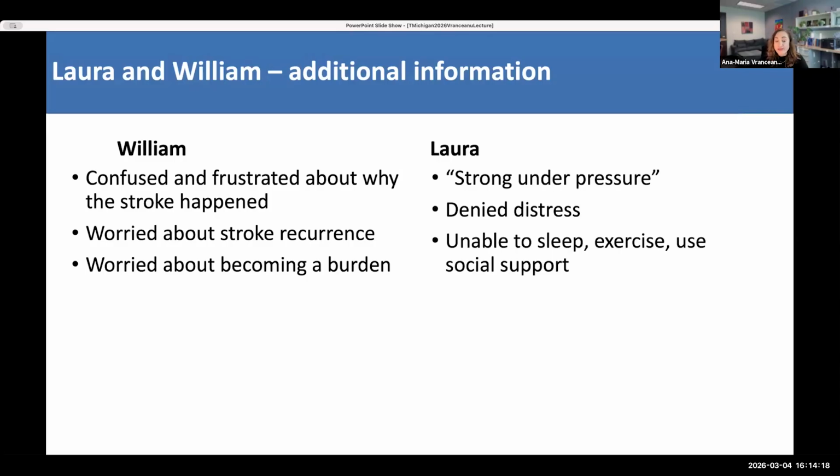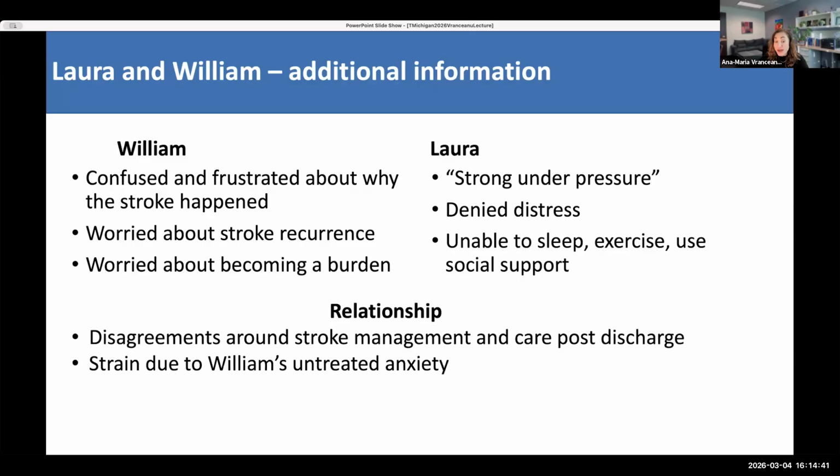His wife, on the other hand, described herself as strong under pressure. Again, she verbally denied any distress and had limited insight into how she was coming across with the nursing team. She did know that she could not sleep or exercise or use social support, things that she knew were very important for her mental health. And she looked very anxious to me.